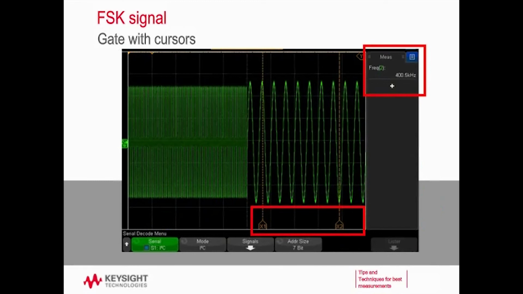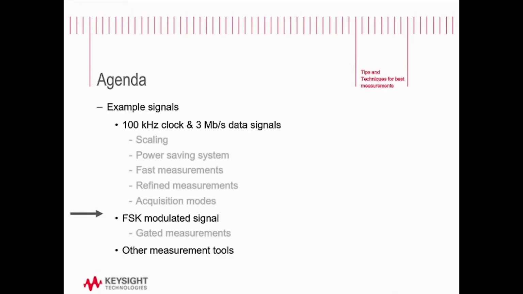And of course, you can still get statistics on all of these measurements. We're able to get those statistics in parallel using the ASIC that we have in our scopes. So those gated measurements are pretty nice, especially for signals like an FSK modulated signal or something where you're a little more concerned about how your signal's changing over time, especially in that acquisition.